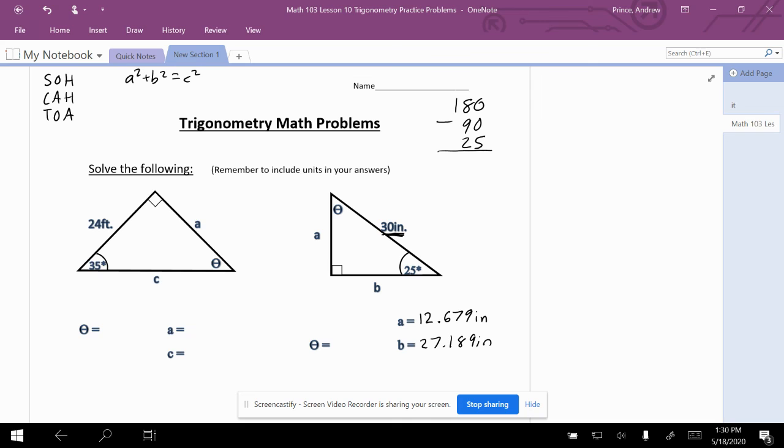So 180 minus 90 minus 25 leaves us with 65 degrees. That's probably the easiest method, even though it looked a little bit drawn out. We wrote down every single step the whole way, so it looks a little bit harder than it was. But we found all the missing information here using each of the different trigonometry methods that we'll be using, except for the inverse trig, which we'll do a couple of later too.